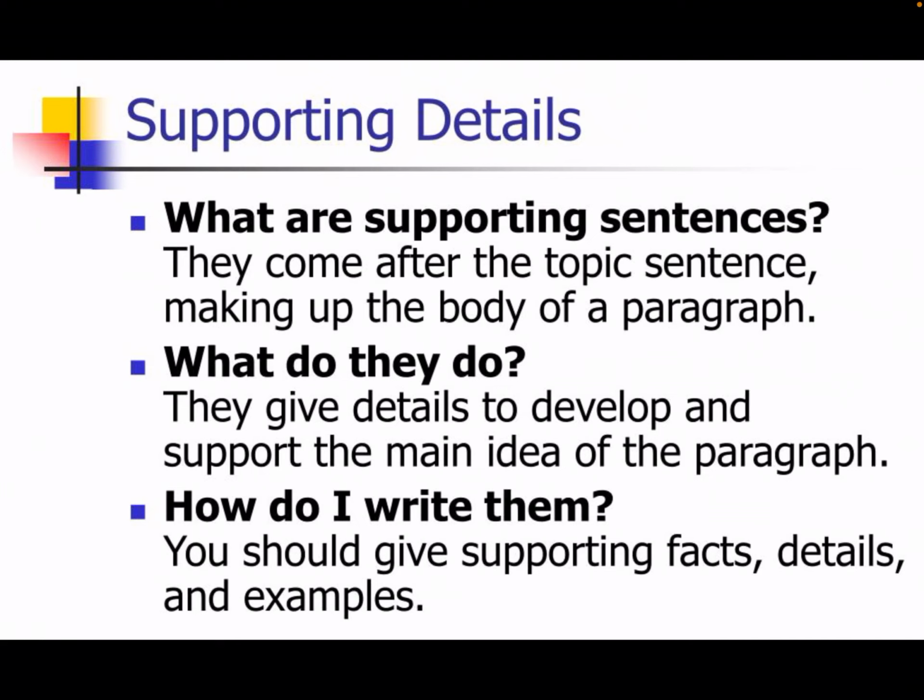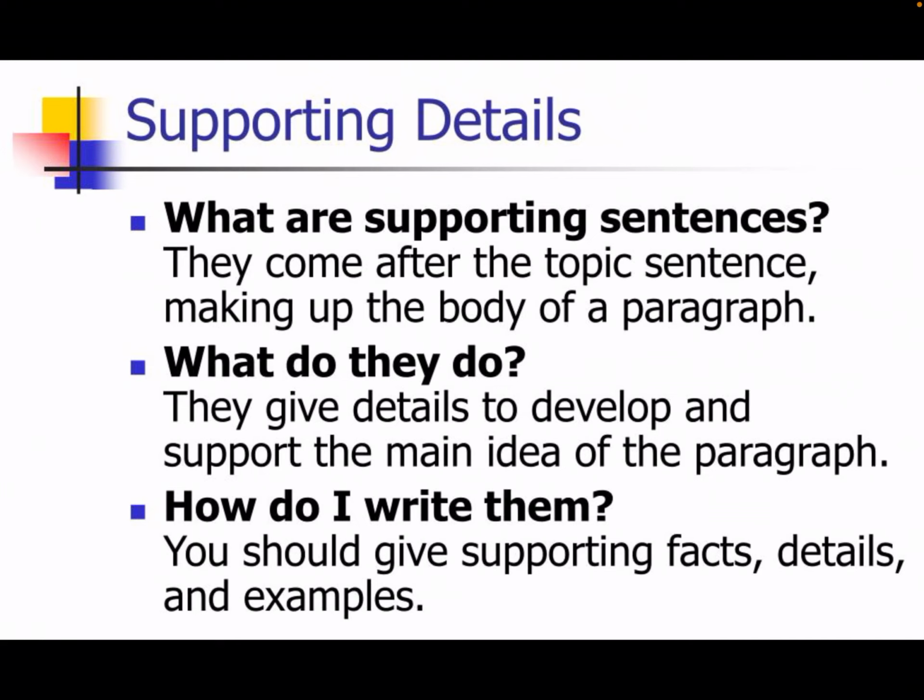They come after the topic sentence and make up the body of the paragraph. They give more details to develop and support the main idea, which was your first sentence of the paragraph. So we are supporting the question you asked, or we are supporting your topic sentence.